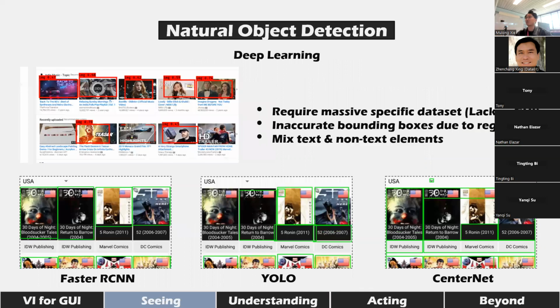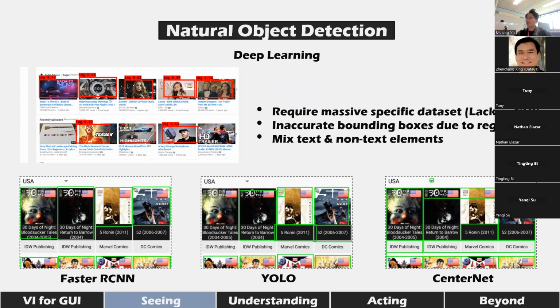And on the other hand, for the deep learning based approach, many previous works just try to directly use popular models, such as YOLO or Faster R-CNN or even some anchor-free model. But the problem with the deep learning model is, first of all, it requires a massive specific data set to train.